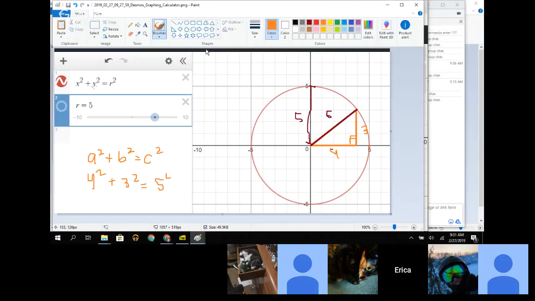But understanding that radius represents some point that can also be mapped by a right triangle kind of helps you see where the formula comes from, right? So here we have our x, which in this case was 4, and our y, which was 3, and that equals 5 squared. So the formula of the circle is derived from the Pythagorean theorem.